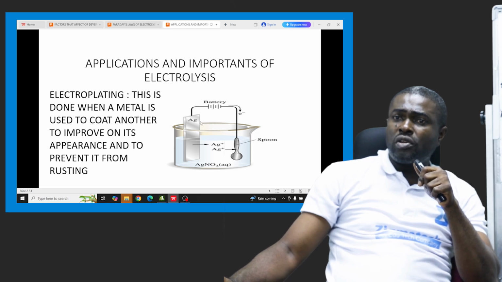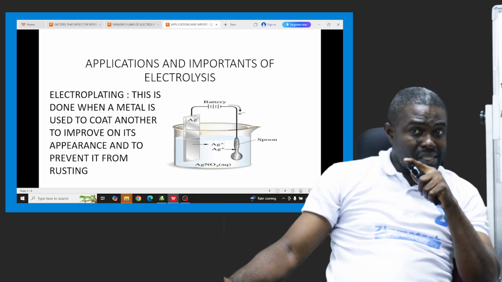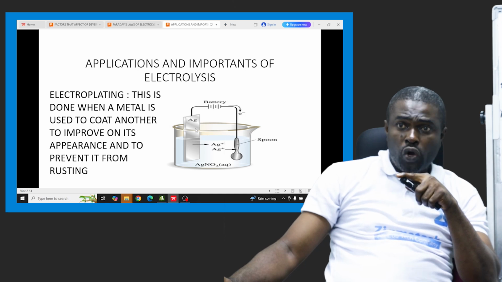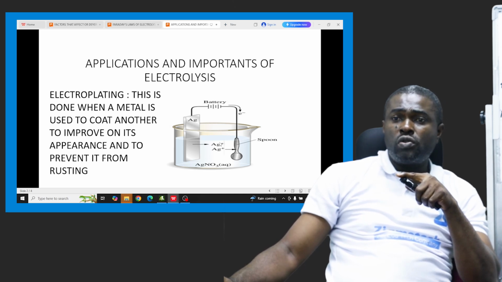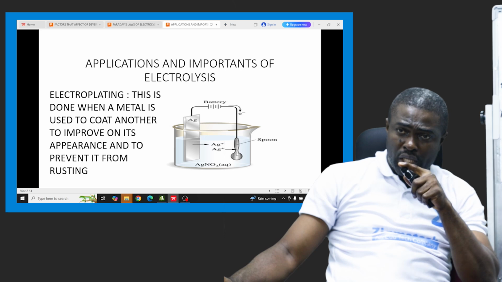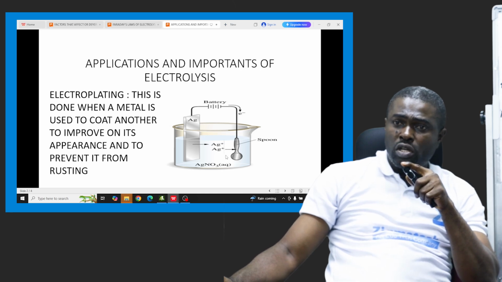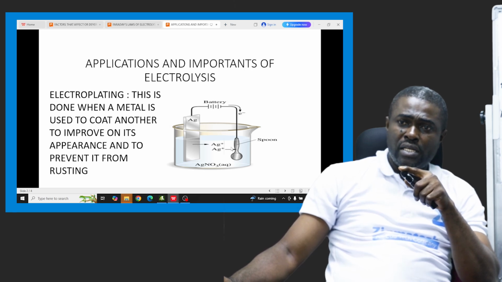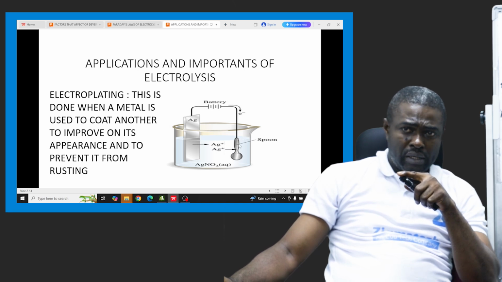So the moment electrolysis is taking place, the solid silver will dissolve, enter into solution to produce this silver ion, and quickly move to this cathode where the spoon is, collect one electron to form a neutral silver, and each silver produced as neutral metal is deposited around this particular metal. Gradually, it will coat and cover the metal.